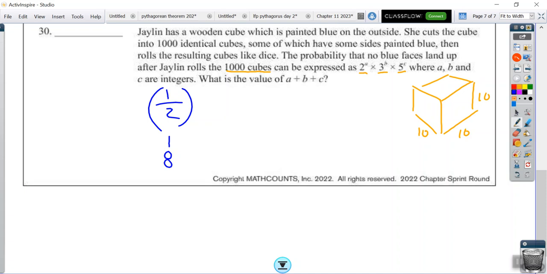Okay. So let's talk about 2 faces painted. So obviously we have this corner piece right here, and I have this corner piece here. How many are along this edge? 8. I have 8. Well, okay. How many edges are there in a cube? 12.